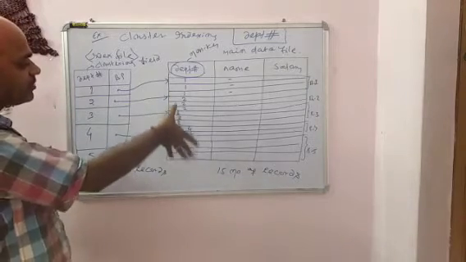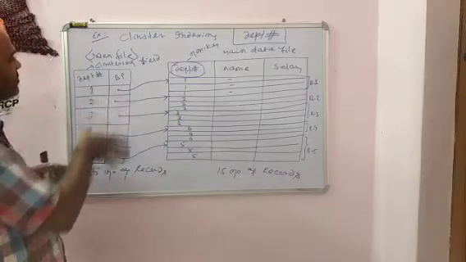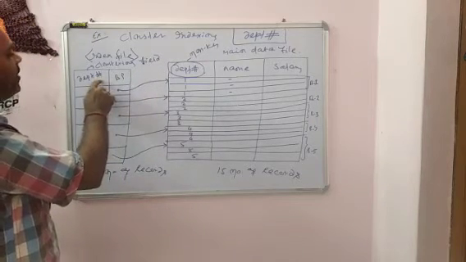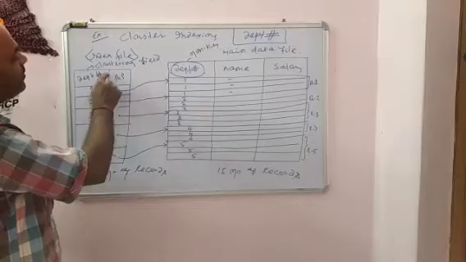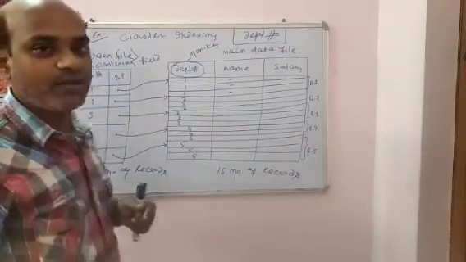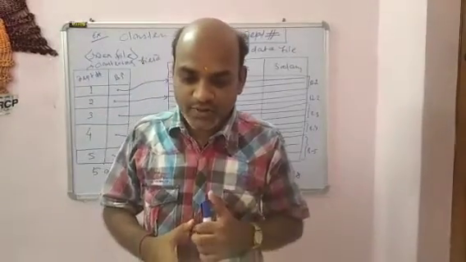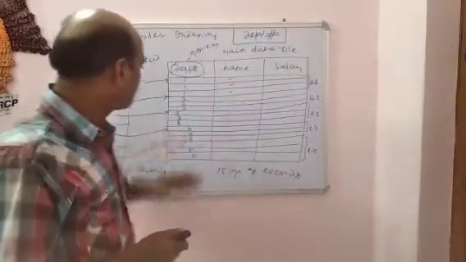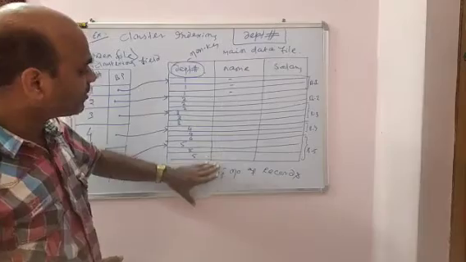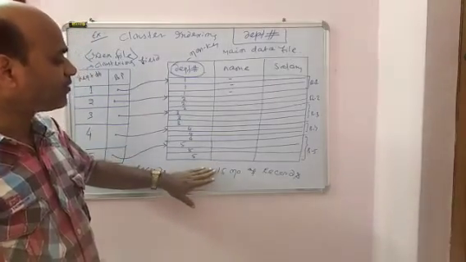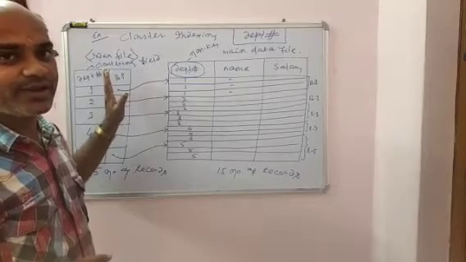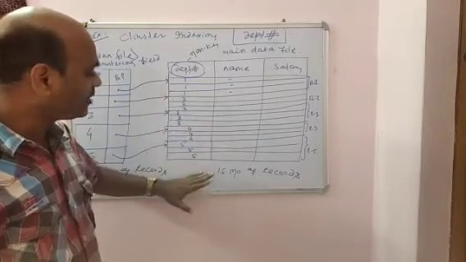So the number of records will be less in cluster indexing, because for a particular non-key value we create a cluster field. It can have only one cluster index, because an index entry is not required in the index file for each and every record in the data file. So this is not dense indexing.